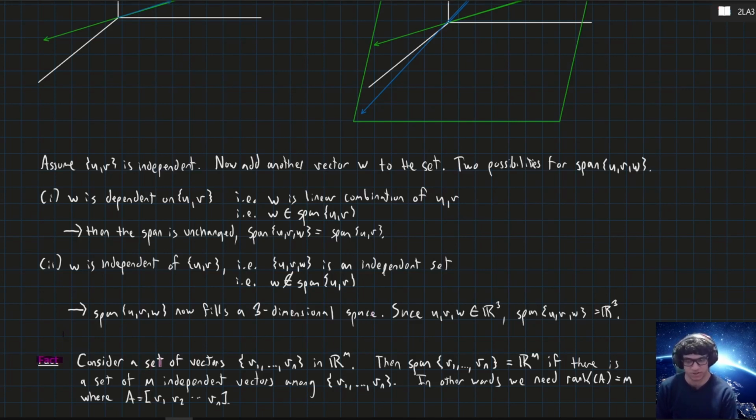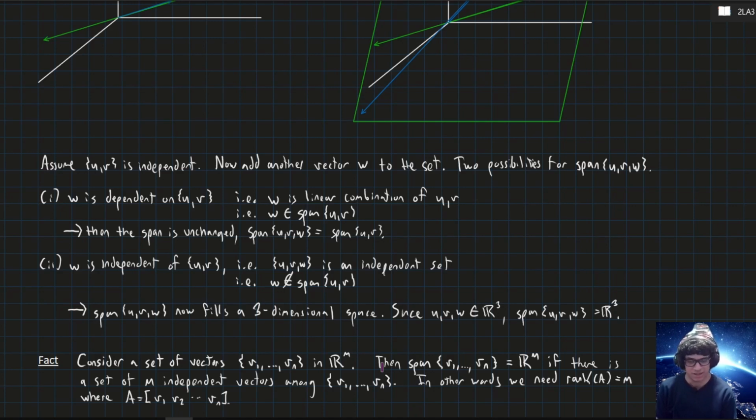So this fact summarizes what we learned above. Okay, so if we consider a set of vectors v1 through vn in Rm, then the span of the vectors will equal the whole space Rm if among these vectors there's a set of m independent vectors. So the whole thing doesn't necessarily have to be independent.